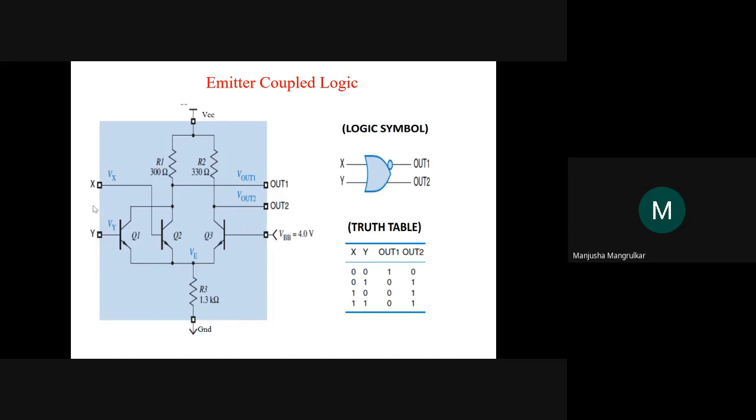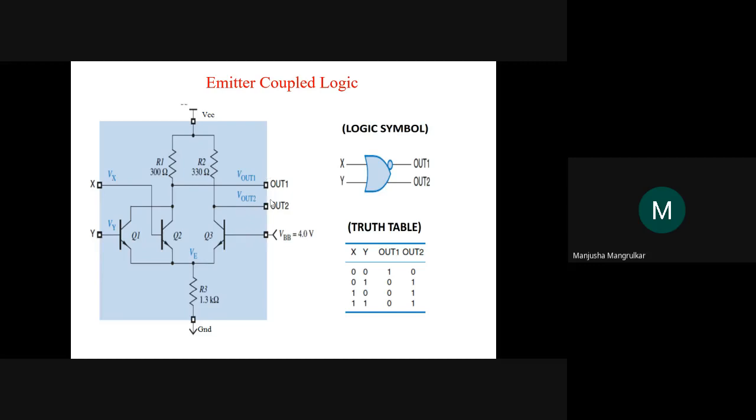And suppose this condition is X and Y both 0. Now this is connected. If this is 0, it means this is in the cutoff region, right? If this is in cutoff, VBE is given for this, so this is in the saturation region. So output 2 is connected directly to ground, but output 1 is connected to VCC. So one output will get 0, another output will get 1.